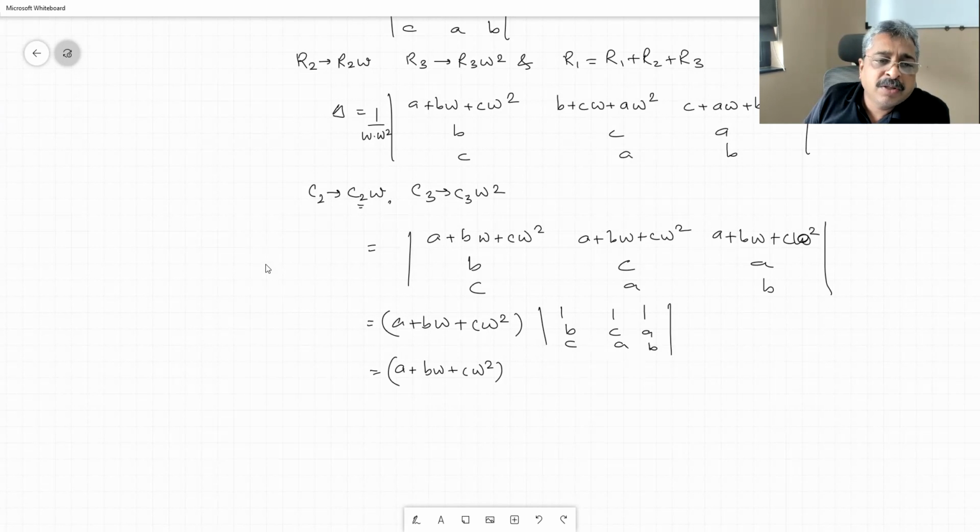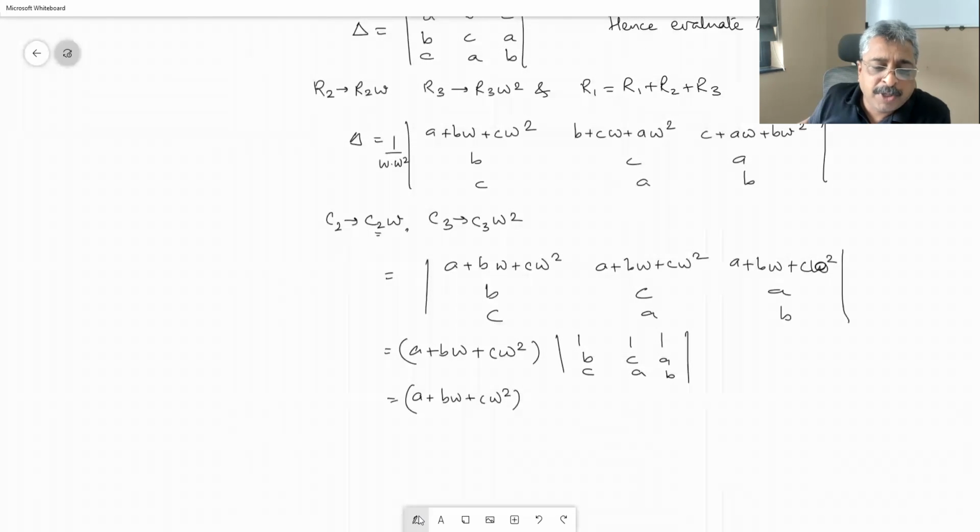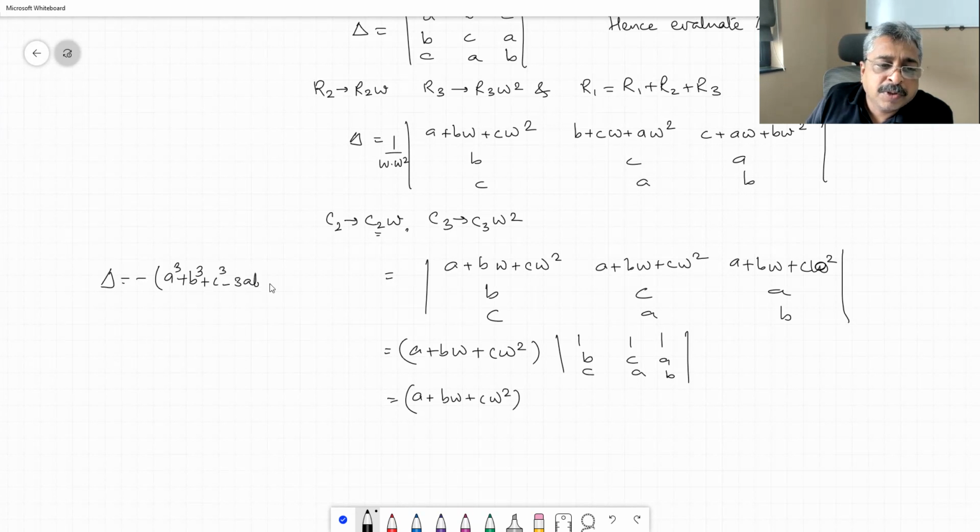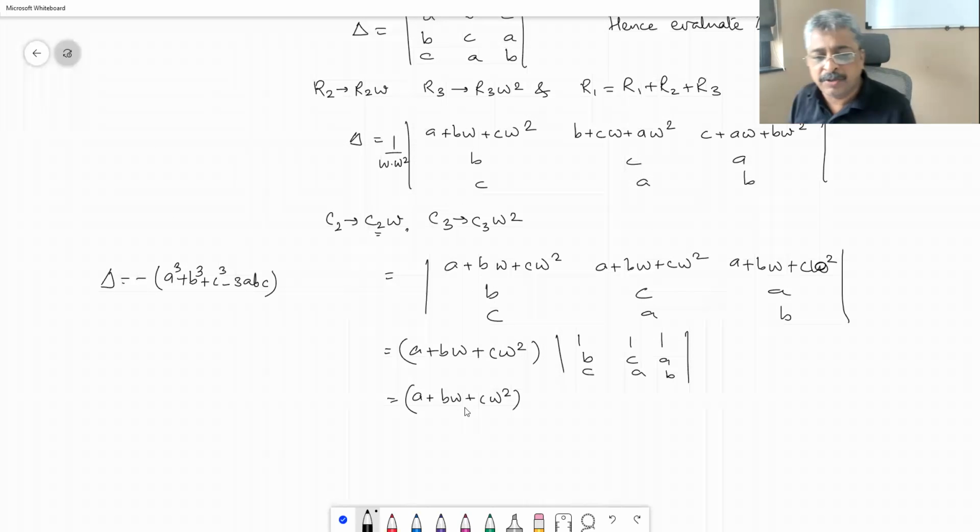Or if you would have done it in the first place, what is this determinant, delta? Delta is minus of A cube plus B cube plus C cube minus 3ABC. That is what it is anyway.